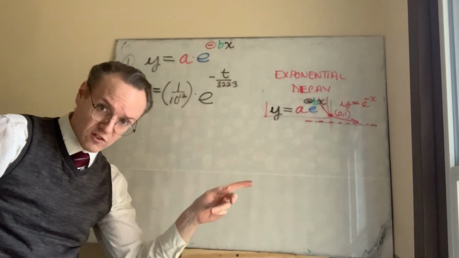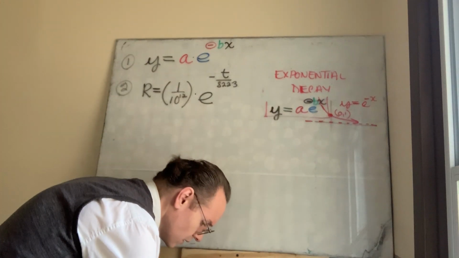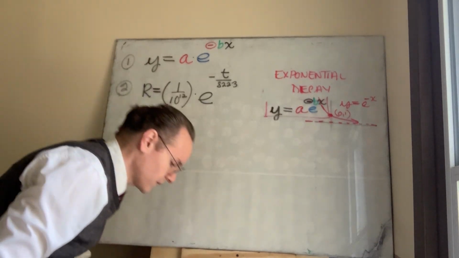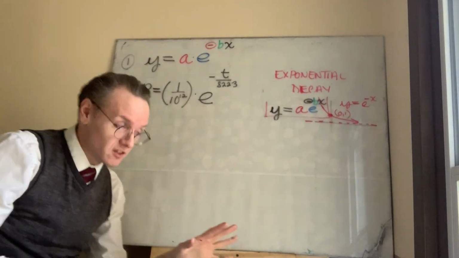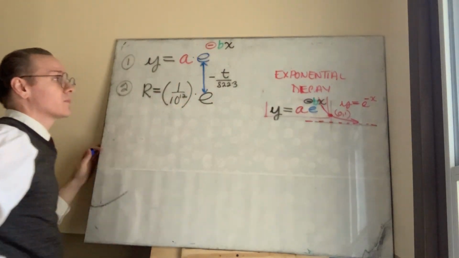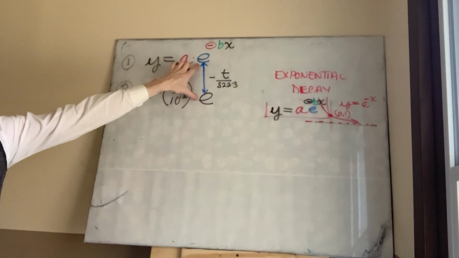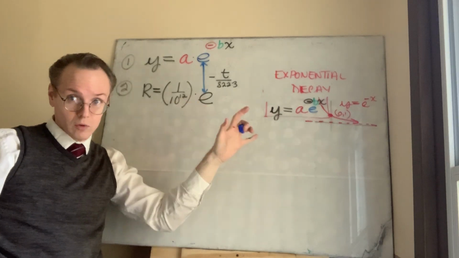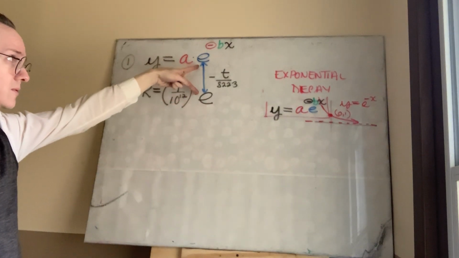Let's look for what's the same. So far, the only truly obvious thing that is the same is that it's a base e, so we don't have to worry about that. If you wanted to put in the number 2.71, you could. I wouldn't, but it is possible. You don't need to mess with that.